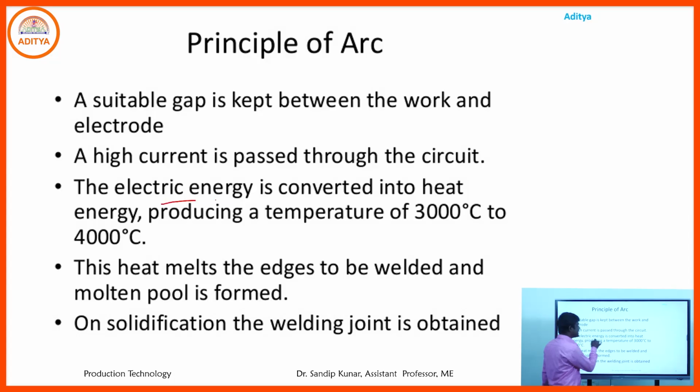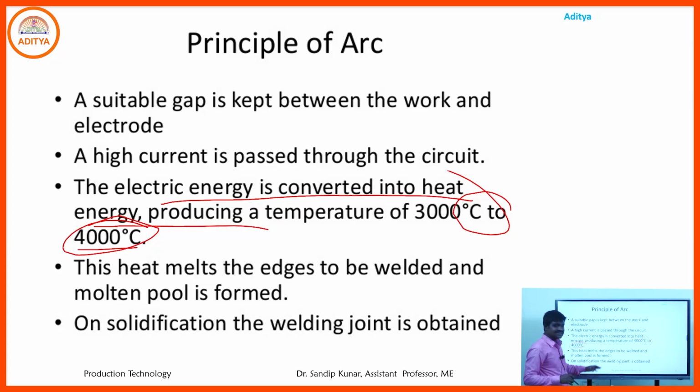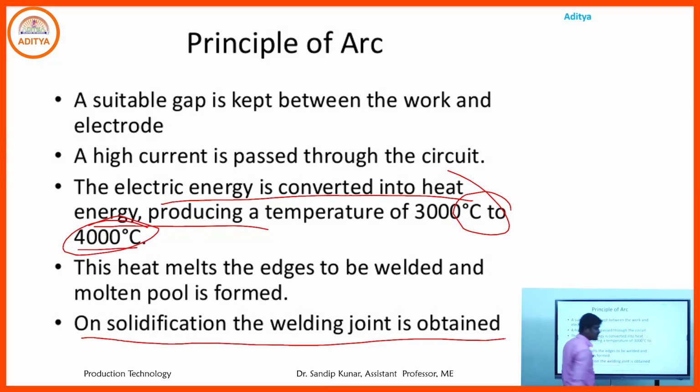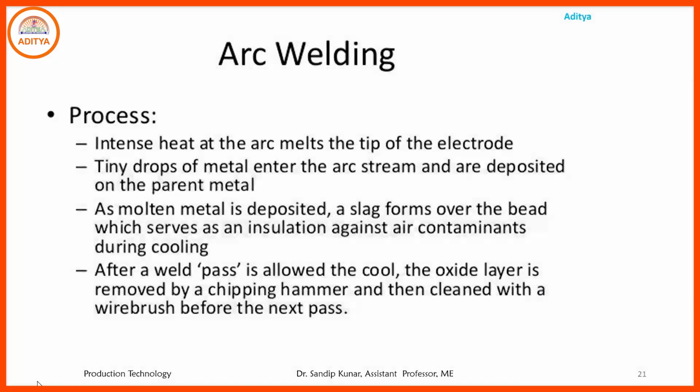The electric energy is converted into heat energy, creating near about 3000 to 4000 degrees centigrade. This heat melts the edges across the weld faces, a molten pool is formed, and solidification of the welding joint is obtained across the weld surface.